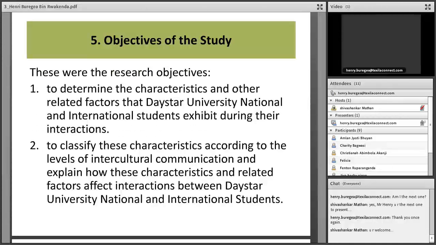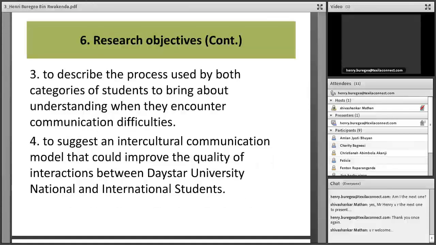The objectives included the following: to determine the characteristics and other related factors that the Daystar University national and international students exhibit during their interaction. Then to classify these characteristics according to the levels of intercultural communication and explain how these characteristics and related factors affect interactions between students.